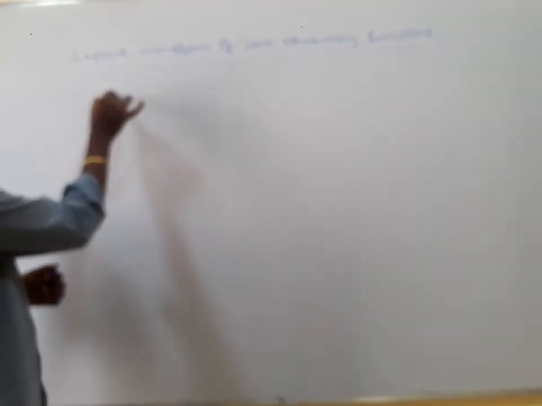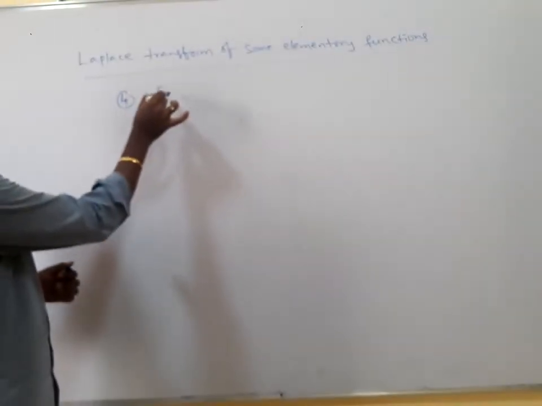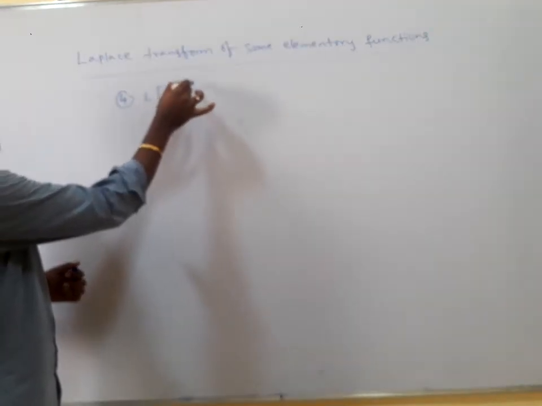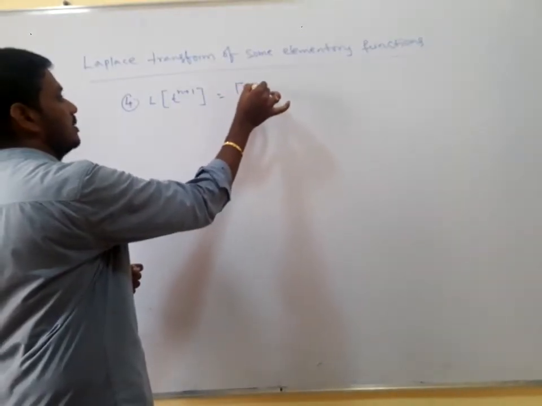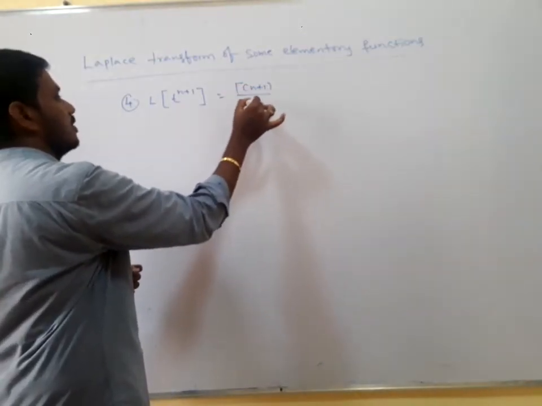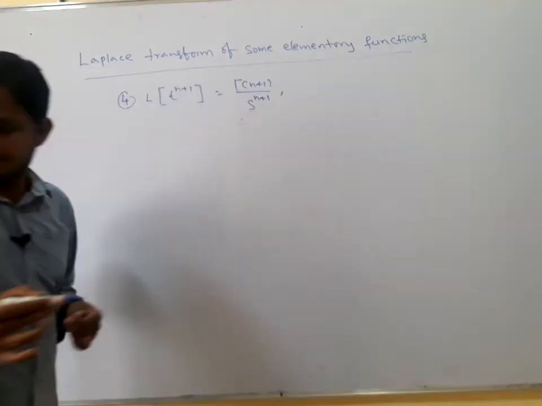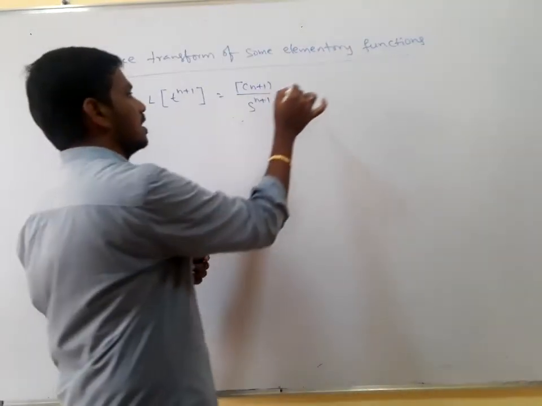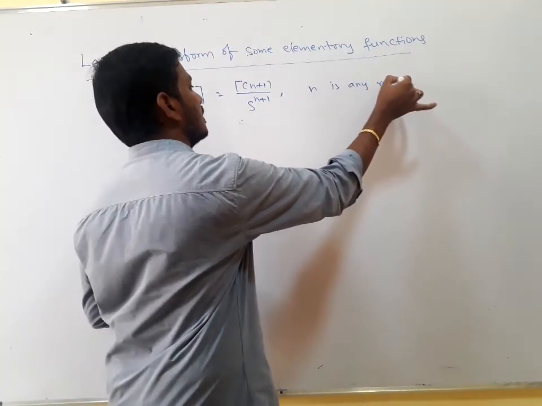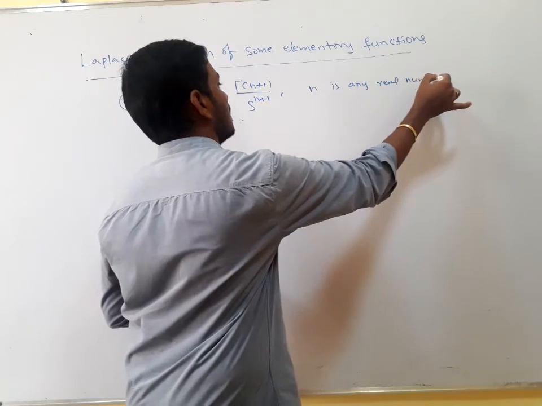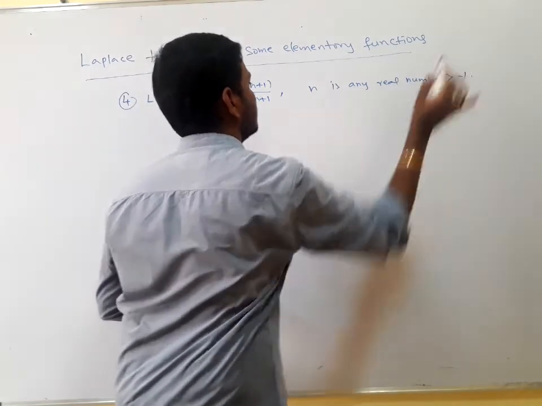Next, fourth one, Laplace transform of t to the power of n plus 1 is equal to gamma n plus 1 divided by s to the power of n plus 1, where n is any real number greater than minus 1.